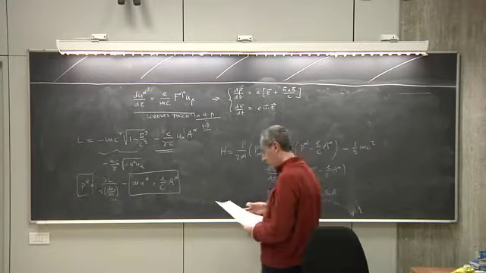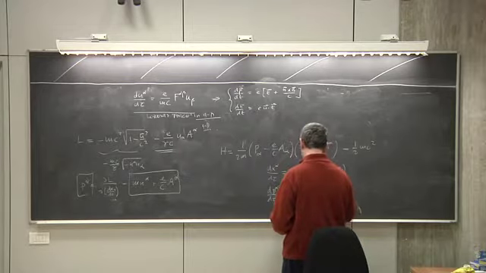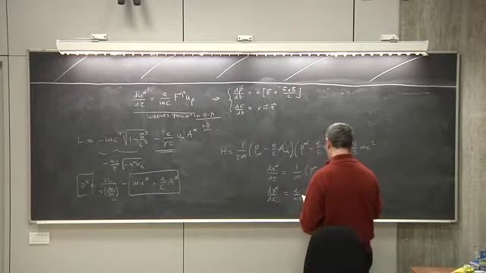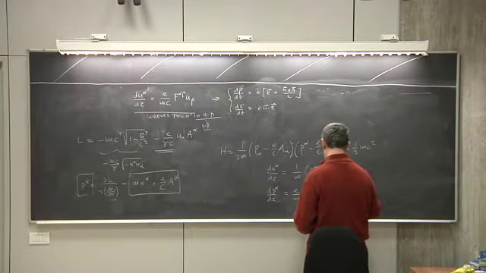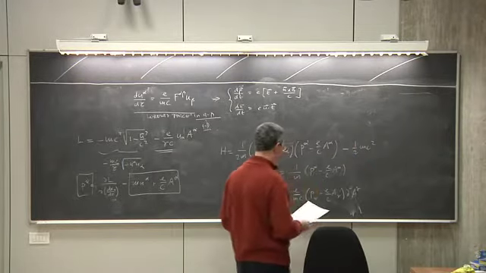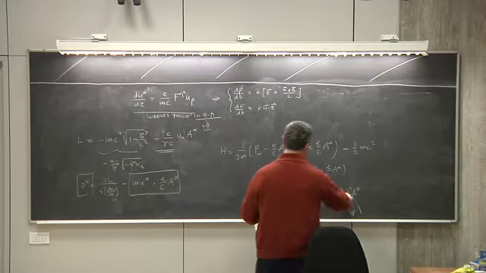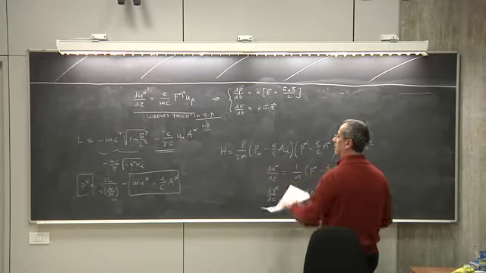In fact, I have an index that is wrong. So this should be, I don't know, gamma. So this is the F alpha gamma, like this, right?